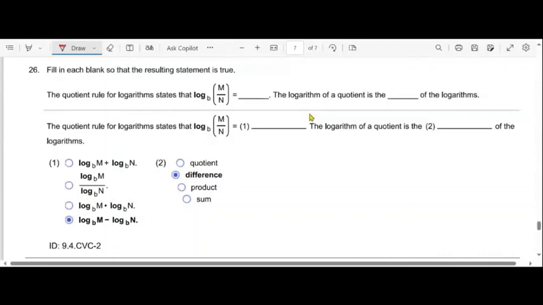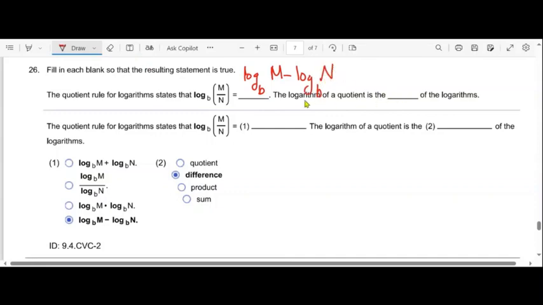Number 26. Fill in the blank so that the resulting statement is true. The quotient rule for logarithms states that log base b of m over n equals log base b of m minus log base b of n.